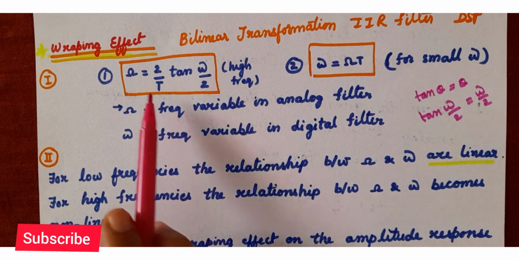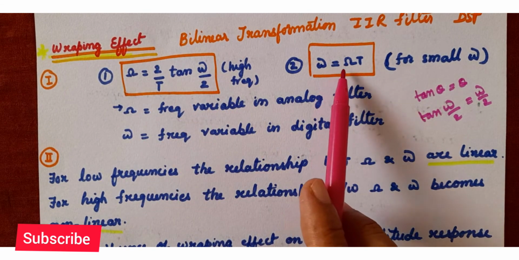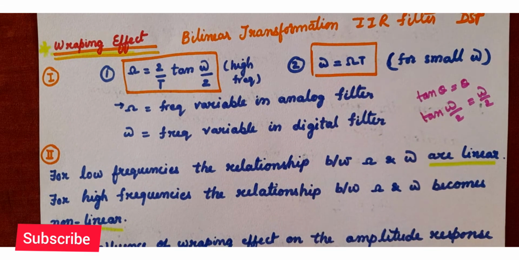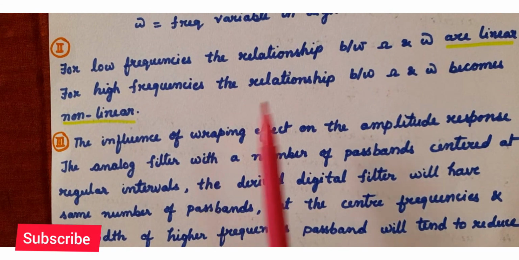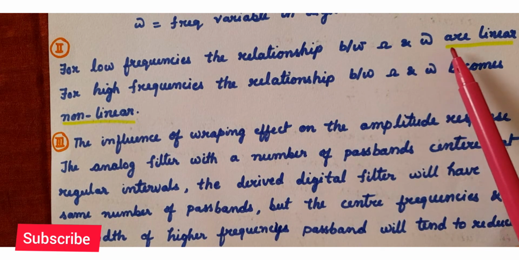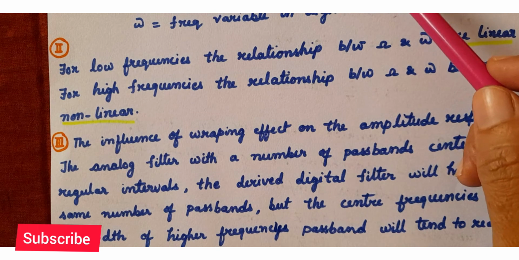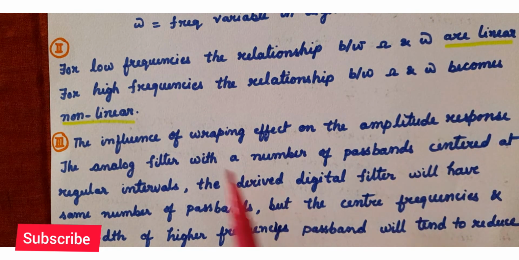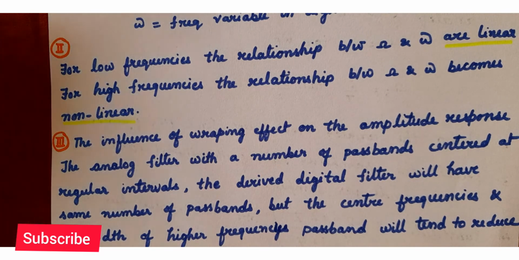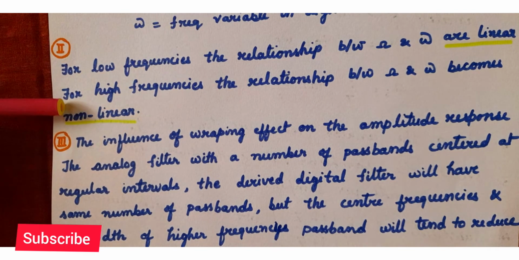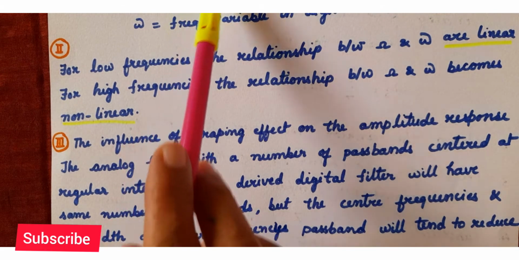So, at high frequency Ω = (2/T) tan(ω/2), and at low frequency ω = ΩT. For low frequencies, the relation between Ω and ω is linear. But at high frequencies, the relation between Ω and ω is non-linear due to the arctangent function tan(ω/2).